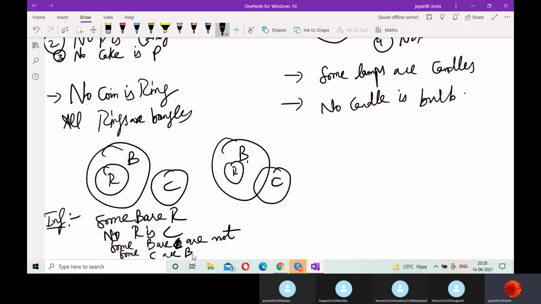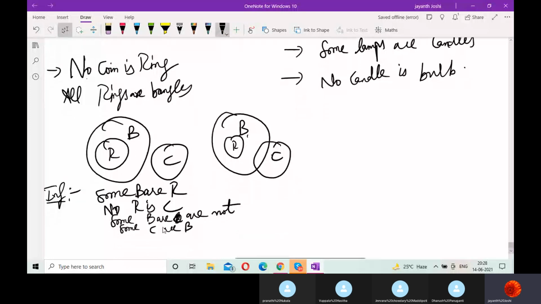Some coins are bangles, that's correct. And we can also write one more inference: no coin is a bangle also. One case. Okay, all of you make a note of this.